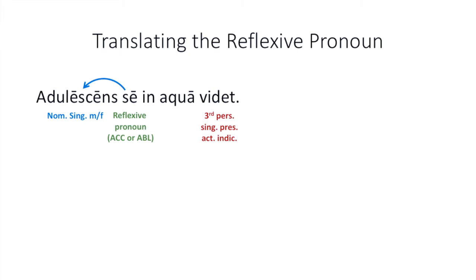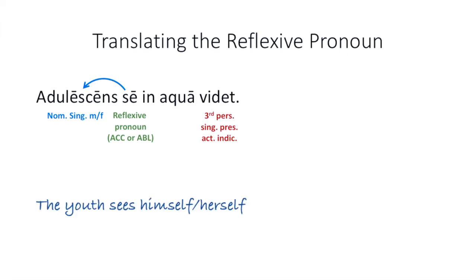And it means to see, and so it's going to be the youth sees, and that tends to have a direct object. So we just need to figure out how we would use a reflexive pronoun in English. And remember, for accusative with third person, it would be himself, herself, itself, themselves.